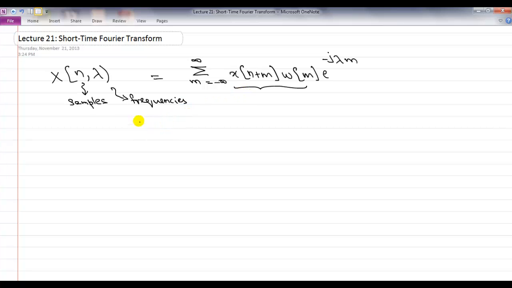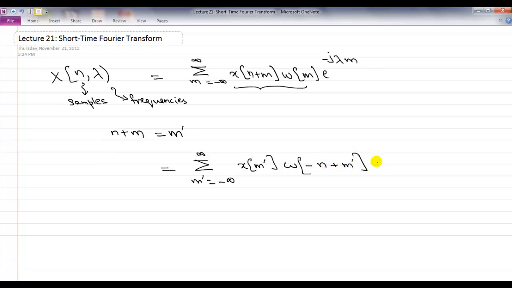Okay, we can put n plus m equal to m prime, just a simple change of variable. If we do that, we can equivalently write it as the sum over m prime from minus infinity to infinity of x of m prime, w of minus n plus m prime, e to the j lambda of n minus m prime.